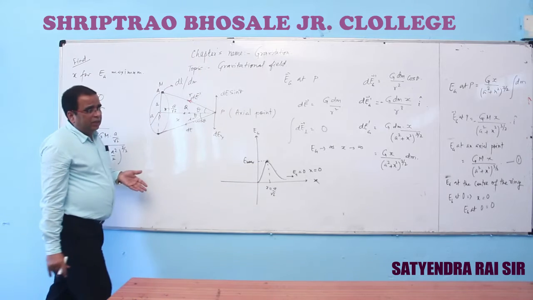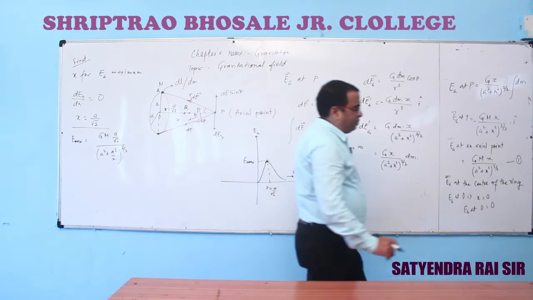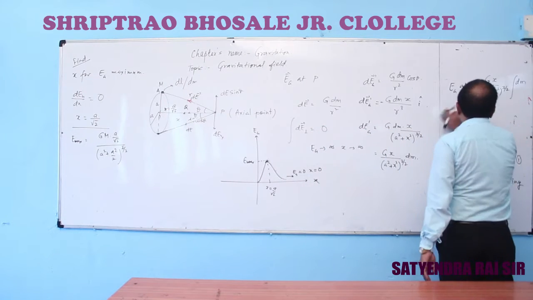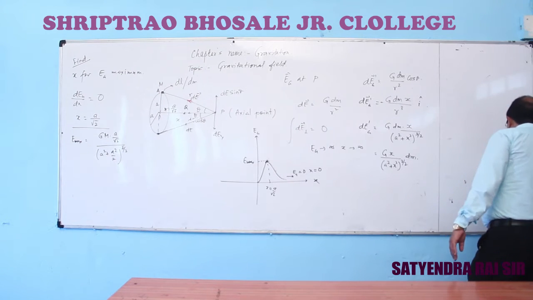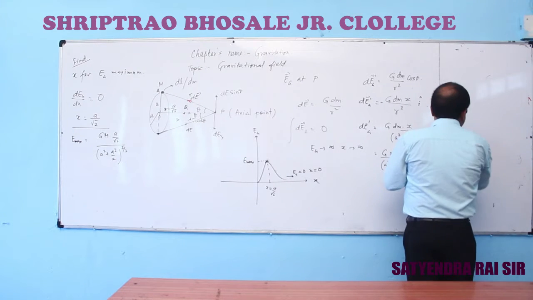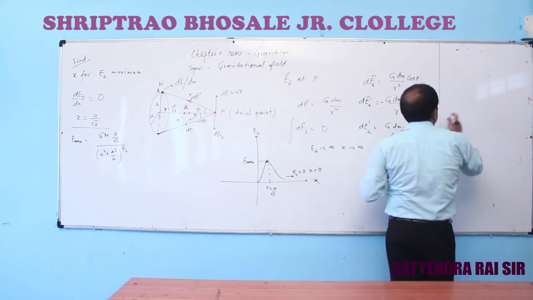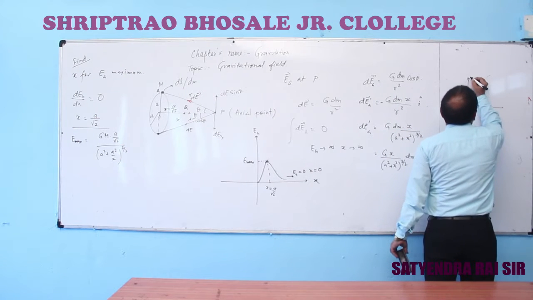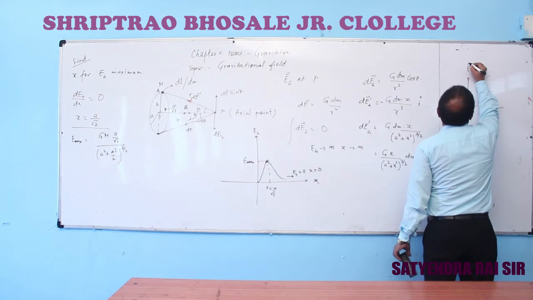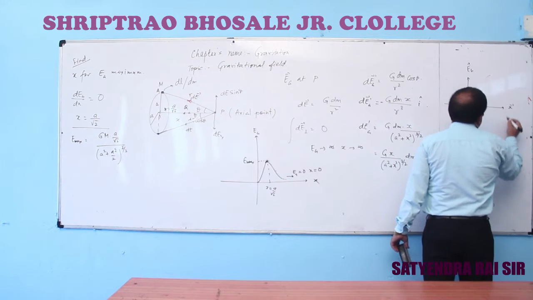In some cases, they may ask you the graph problem, but the graphs are asked with a little bit of change, where they don't put the values only. The graph to be plotted may be given like this. Let it be Eg and let it be x.